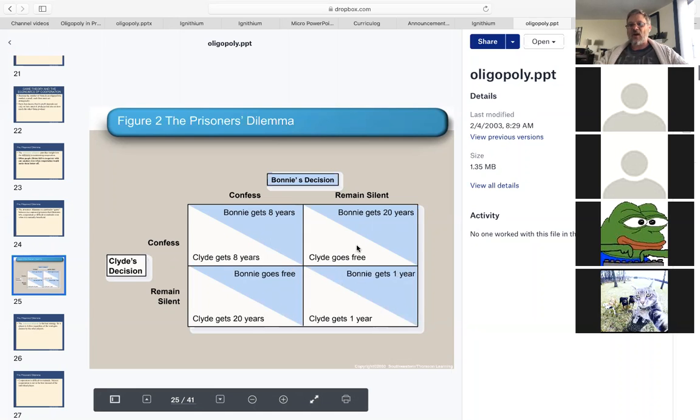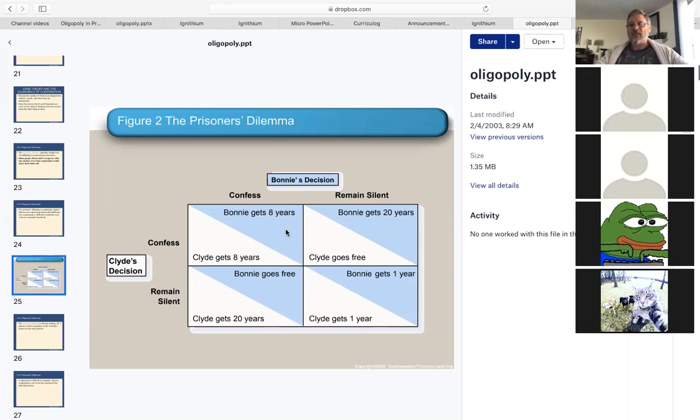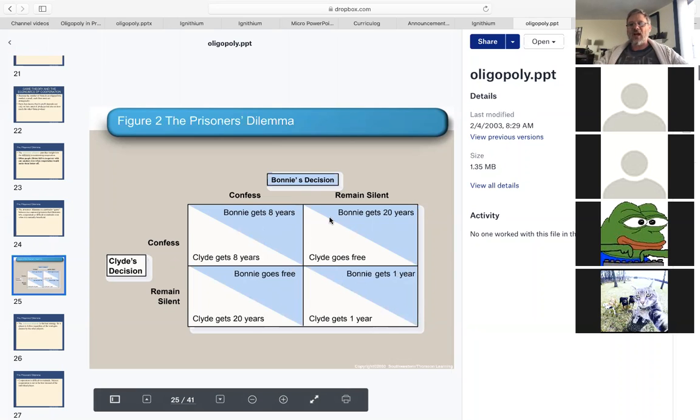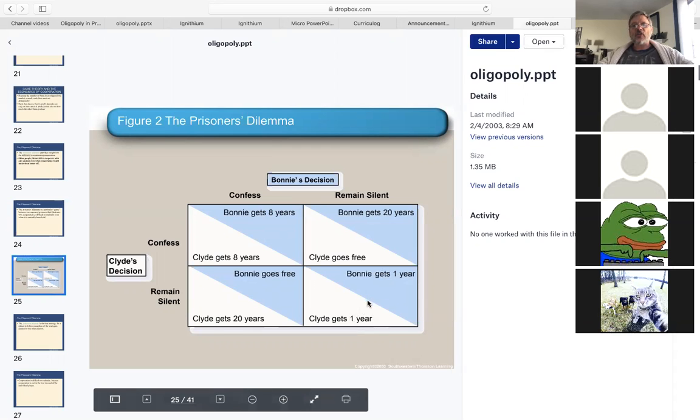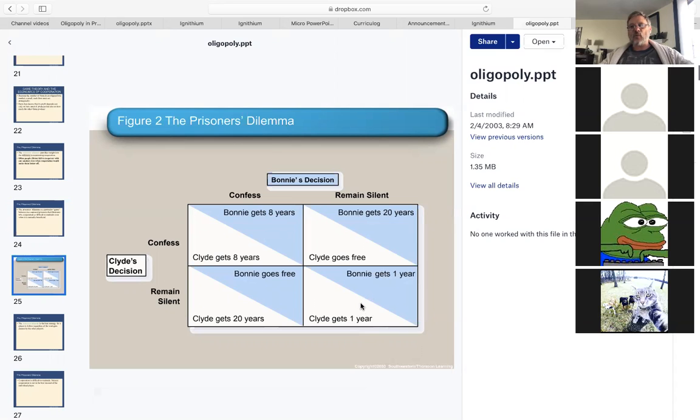So the cooperative outcome is the best for the group. Do you see what I mean, Jonathan? Yes. And what economists have noted is the real problem here is that there's no enforcement mechanism for cooperation.